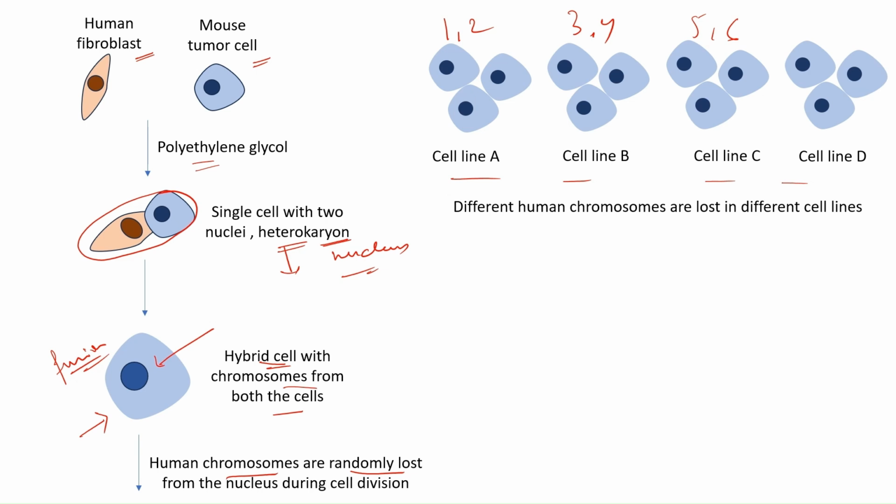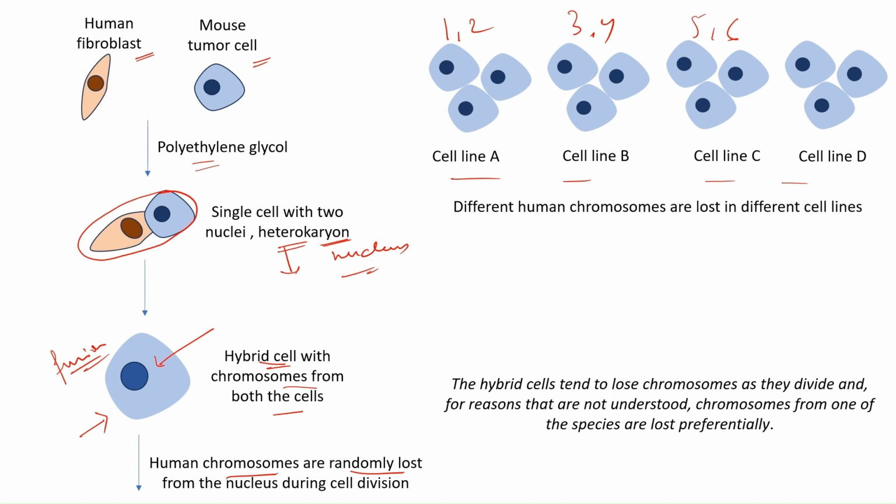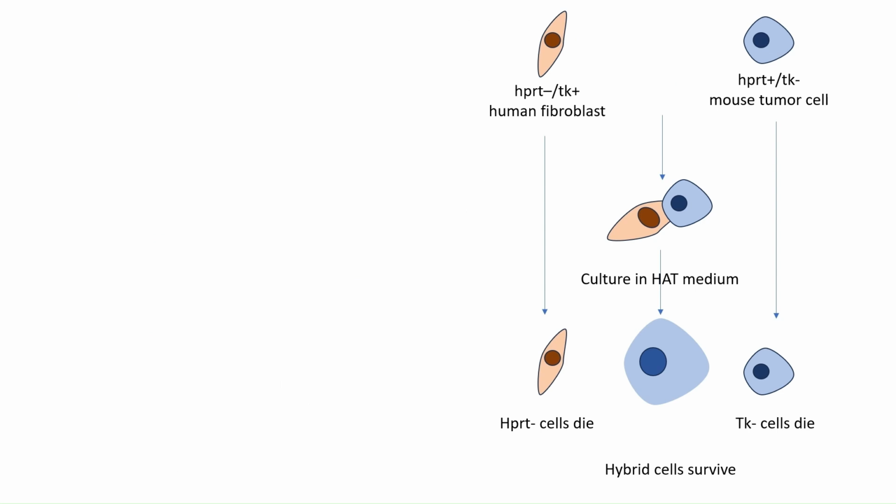Clear? So whenever a hybrid cell is formed using human fibroblast and mouse tumor cell, the reason is still not known, but the chromosomes from one of the species are lost preferentially, and in this case the loss is of human chromosomes.